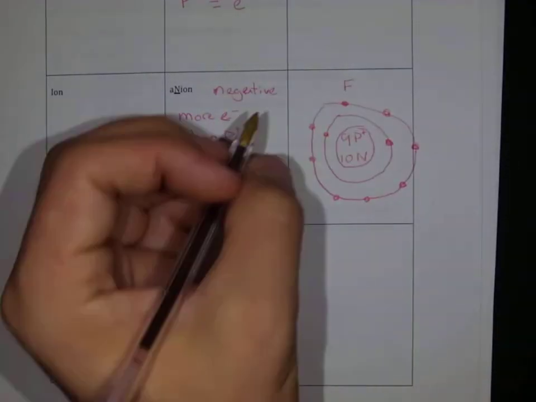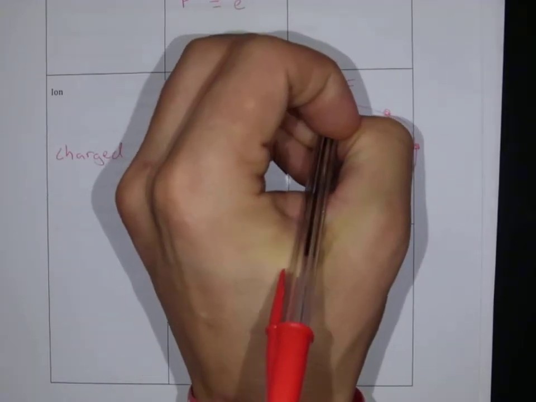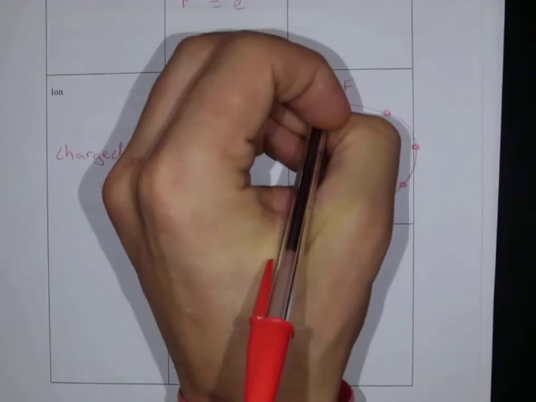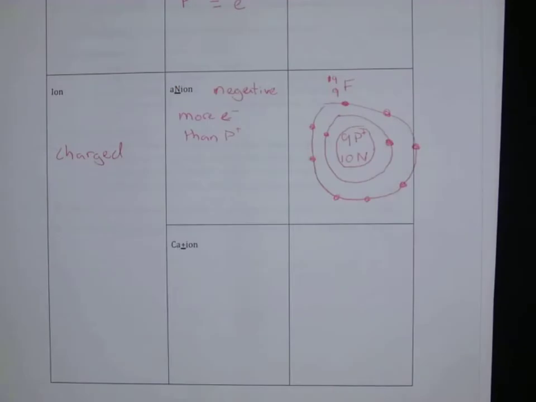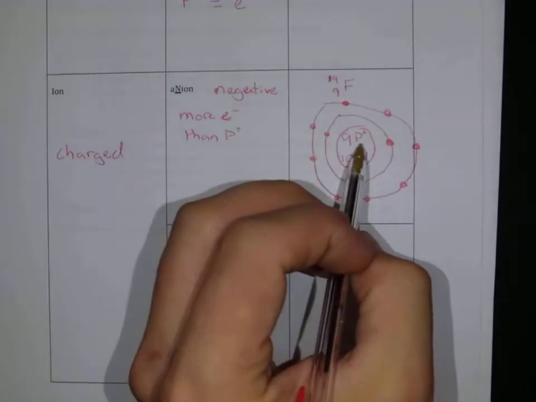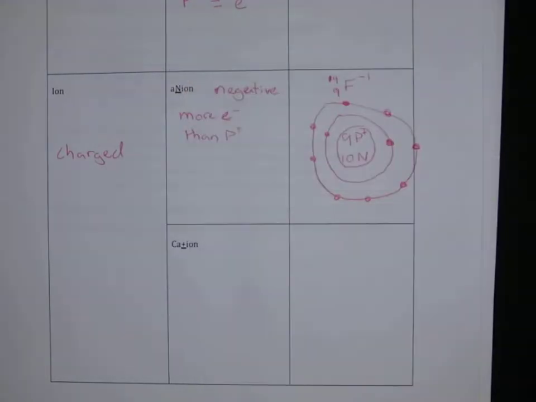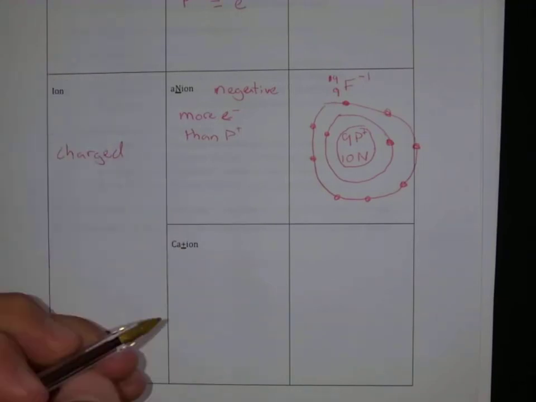So in this case, 9 plus 10, my overall atomic mass is 19. My atomic number for fluorine is 9, and I've got 10 electrons, 9 protons, so I've got a -1 charge for fluorine.